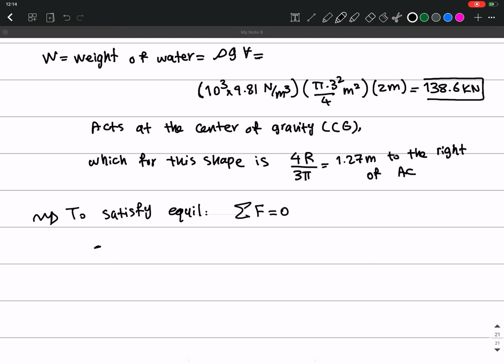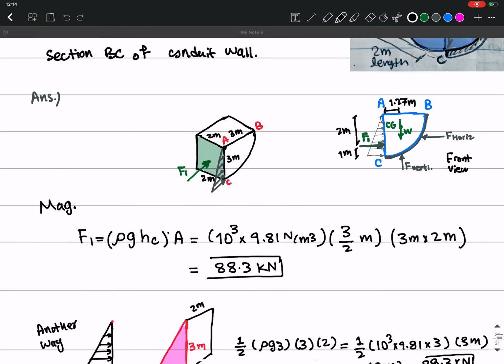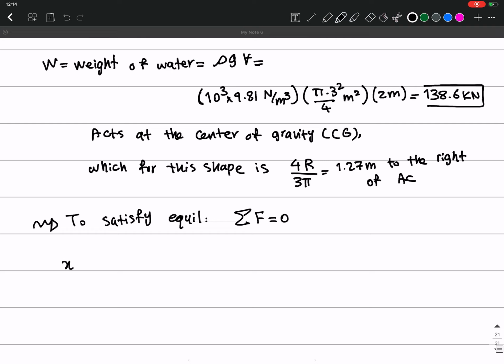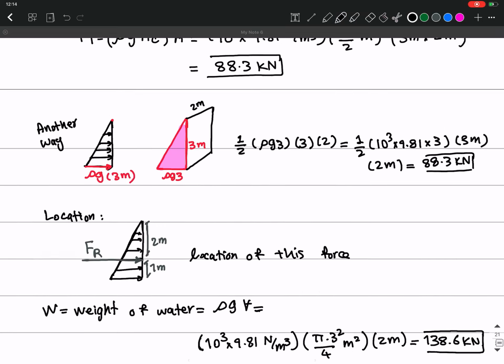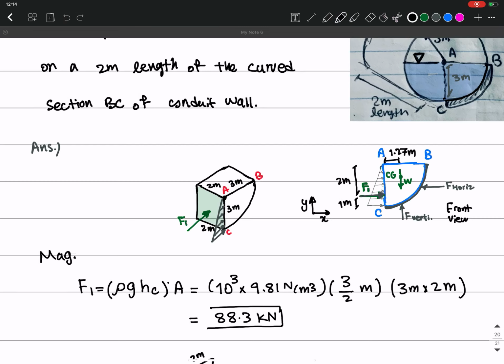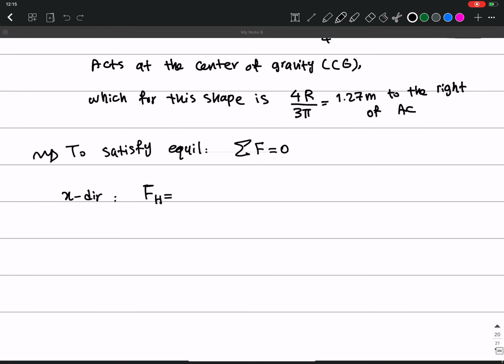In the x direction, if this is the x direction and this is the y direction, FH, horizontal, should equal F1, and F vertical in the y direction should equal W.